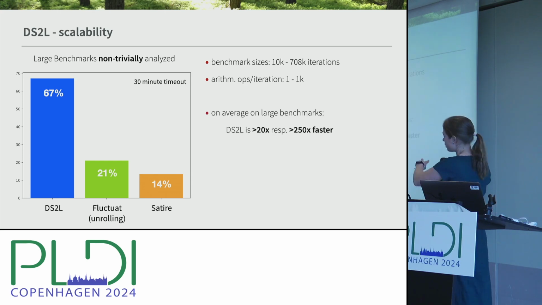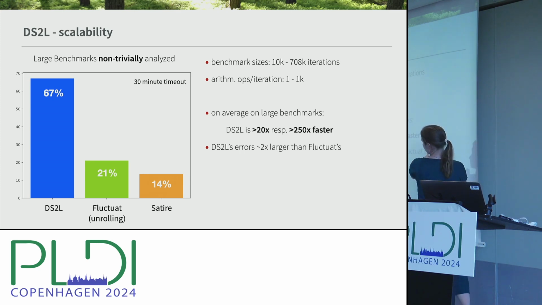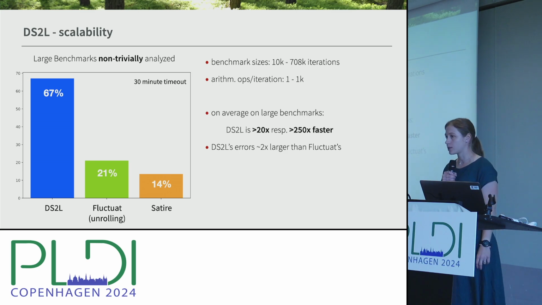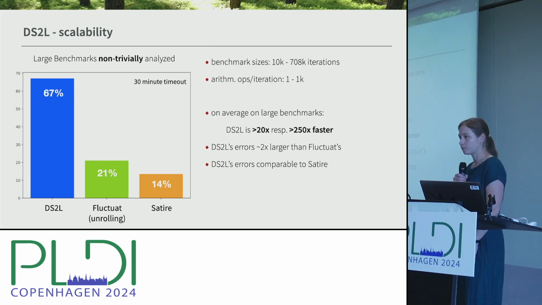So if the other two tools do compute the result, then our approach is also several x faster. Again, there's no free lunch, so our errors are a bit more loose. So compared to Fluctuat's, ours are about twice as big. They are comparable to Satire's approach.